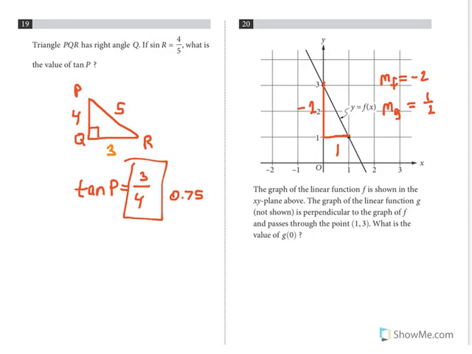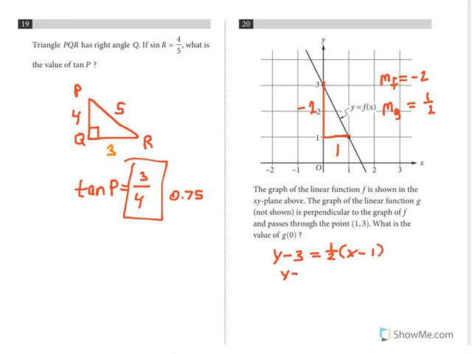Which means the slope of g, being perpendicular to that, having the negative reciprocal, has to be 1/2. So we know the slope of g, and we know a point that it passes through, so we can find the equation of g. We're going to use our point-slope formula. y minus y1, y minus 3 equals 1/2 times (x minus 1).